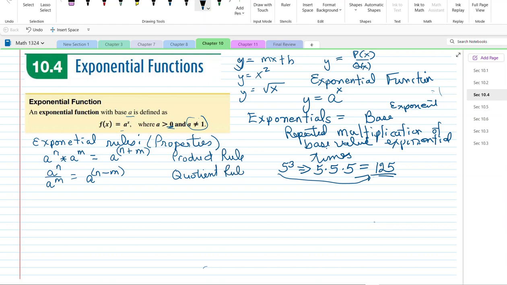And then we have probably the most important for what we're doing. A to the 0 is always 1. So this is called the zero exponent rule.